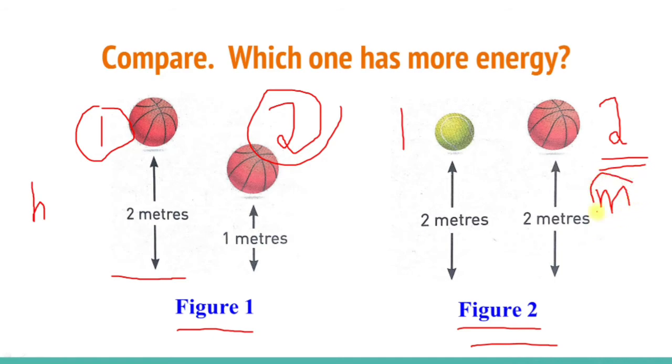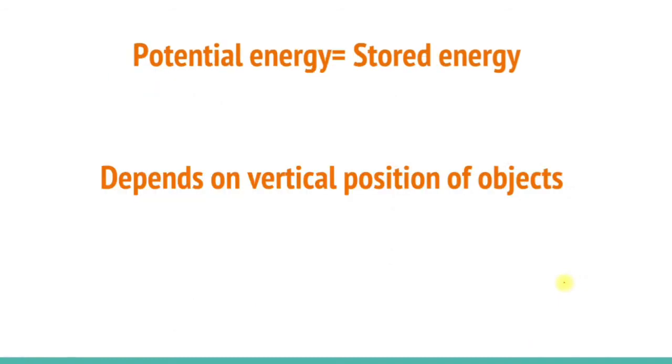So, in this case, it depends on the mass. This energy is called potential energy. Potential energy is stored energy. We know the stored energy сақталатын энергия, және көрінбейтін энергия деп атаймыз. It depends on the vertical position of the object and the mass of the object. Ол вертикалды позициясына, объекттің вертикалды позициясына тәуелді болады.